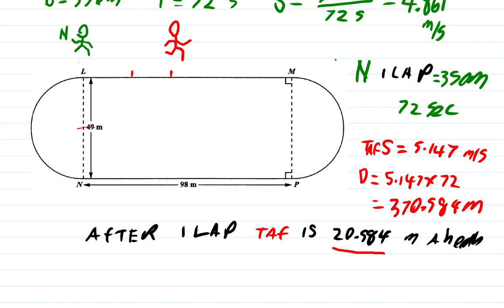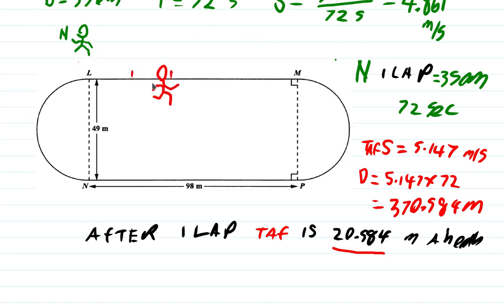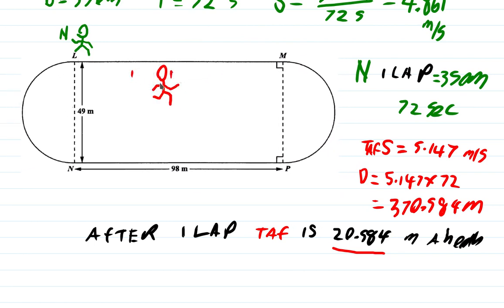Because you see, anytime Tafari reaches 350 meters, so 1 lap is 20 point odd meters. 2 laps is going to be 40 point odd. 3 laps is going to be 60 point odd, and so on. Every one more lap is 20 point something meters.